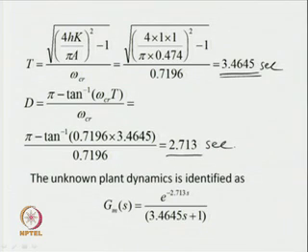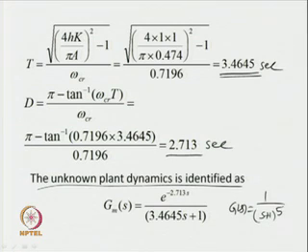So, the time delay of the first order plus dead time transfer function model is found to be of the value 2.713 seconds. Then the unknown plant dynamics is now represented by a transfer function model given as GM(s) equal to e to the power minus 2.713 s upon 3.4645 s plus 1, whereas the actual plant dynamics is G(s) equal to 1 upon (s plus 1) to the power 5.